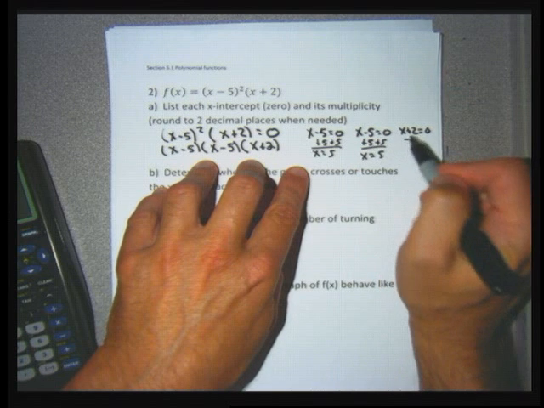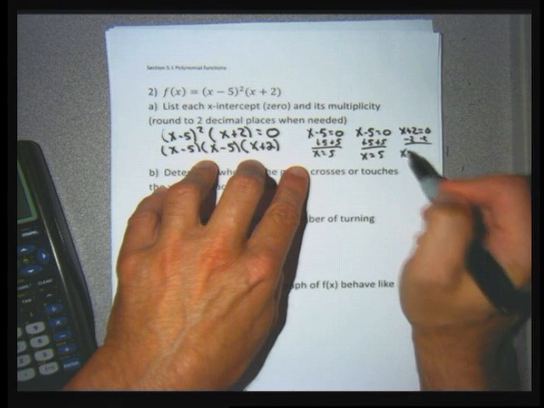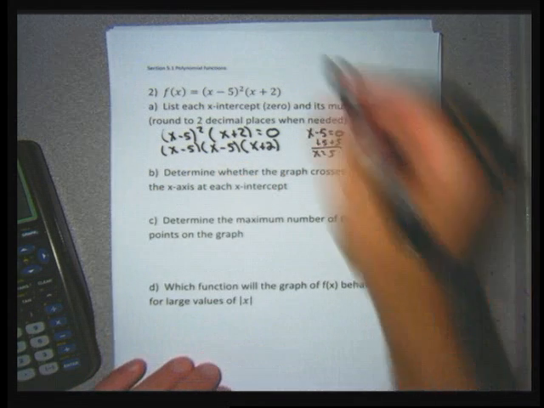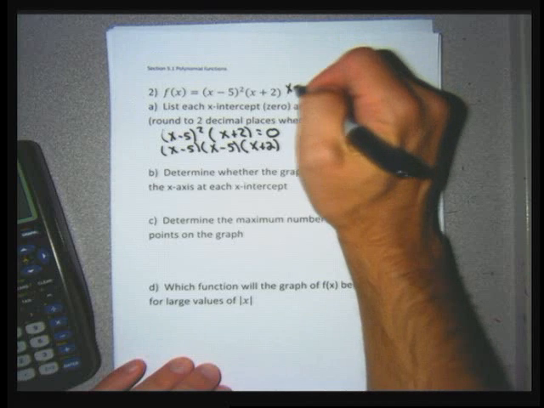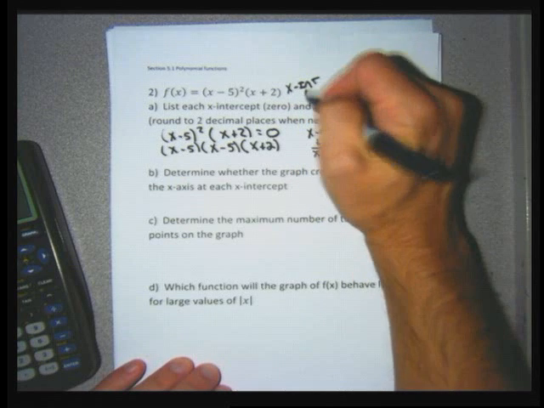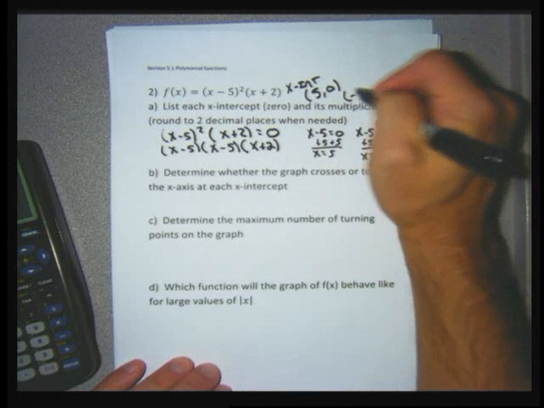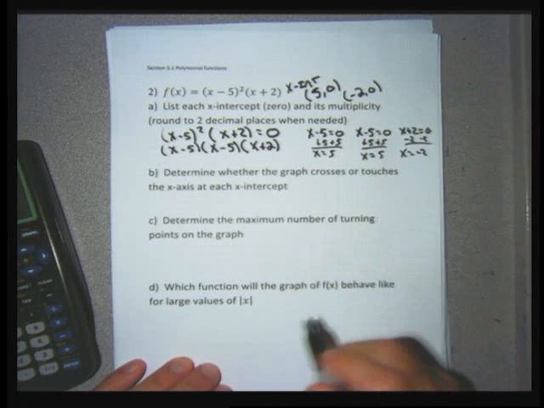The x plus 2, I could subtract 2 and get an x-intercept of -2. So for this particular problem, the x-intercepts are the point (5, 0) and the point (-2, 0).